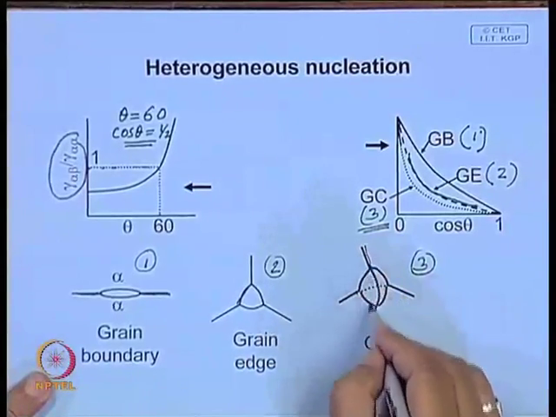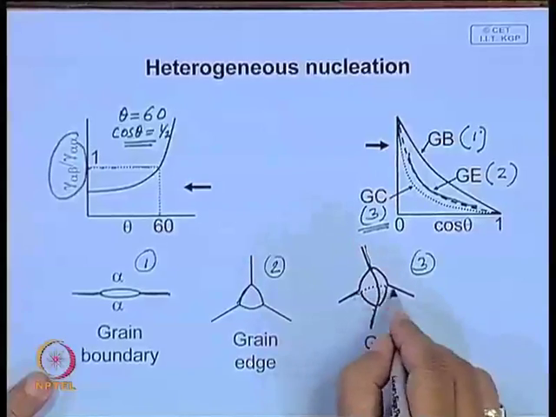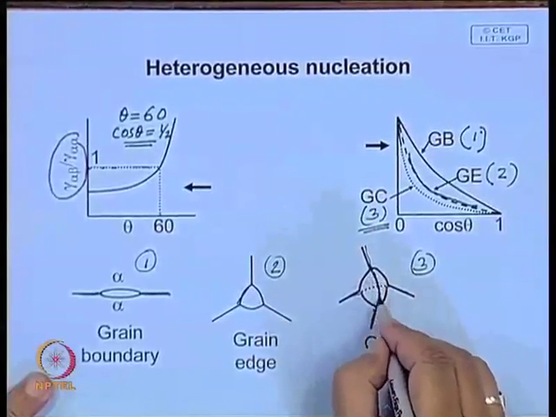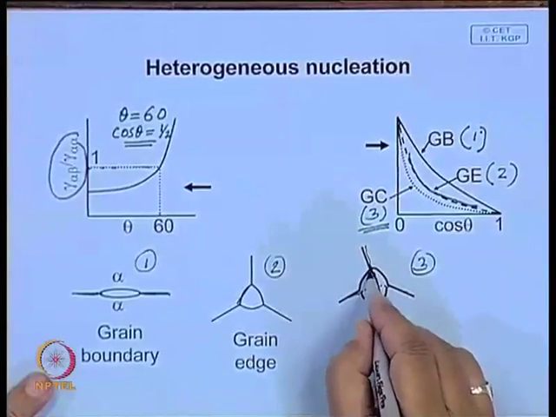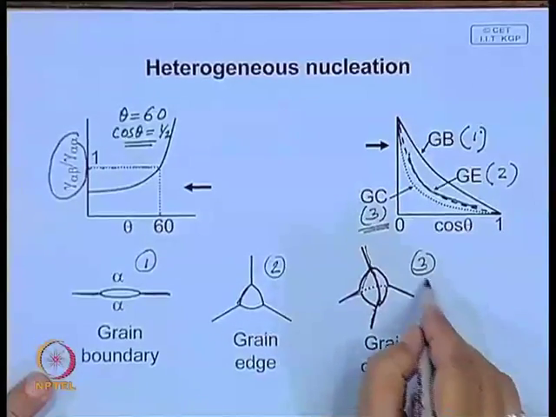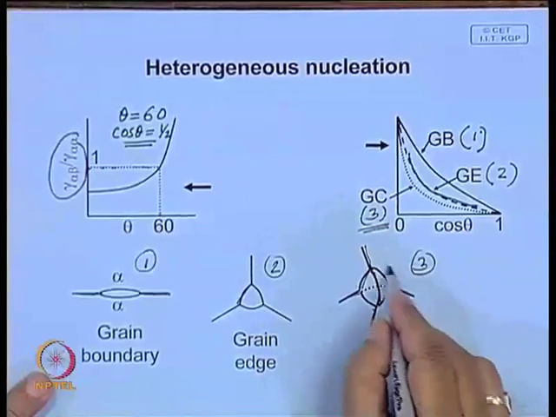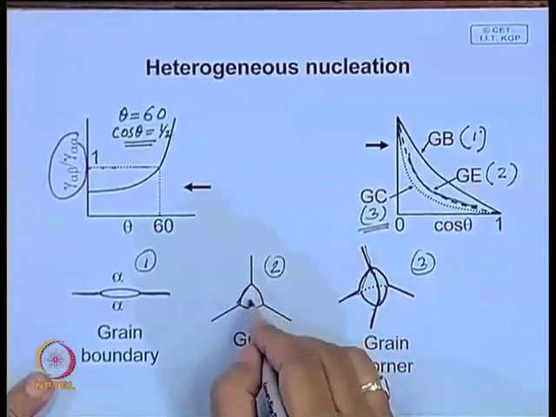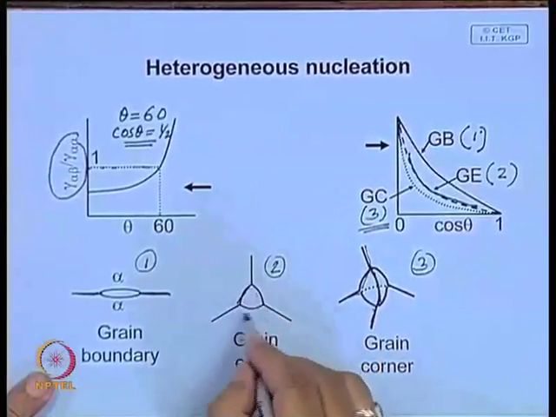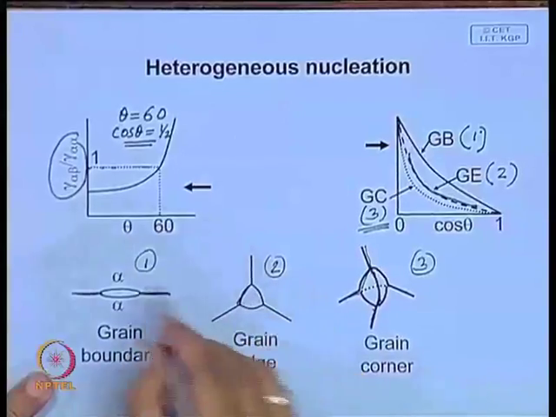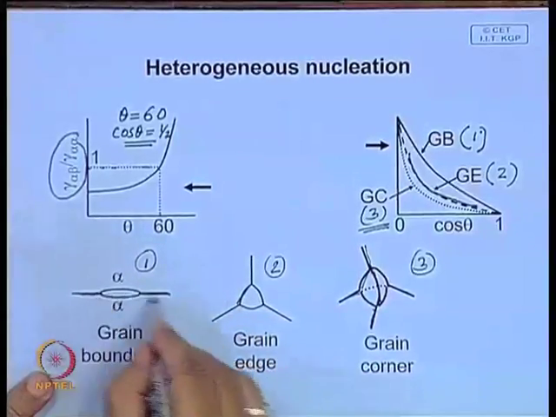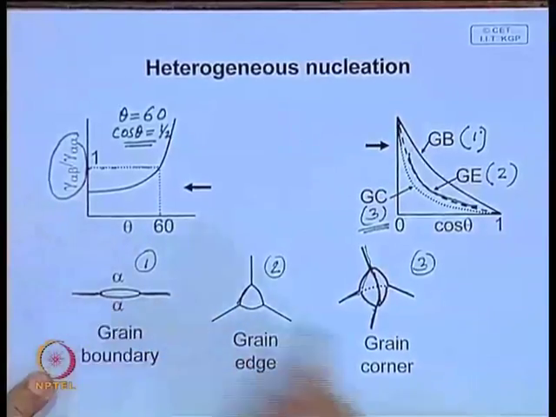So, this is one boundary, this is another, this is another, this is the third, and this is one of the edges, grain edge. So, this will be the grain corner, that 4 grain corner in the 3D will be the most important site, or next is this grain edge, this will represent an edge, and this represents a grain boundary or just a grain face.